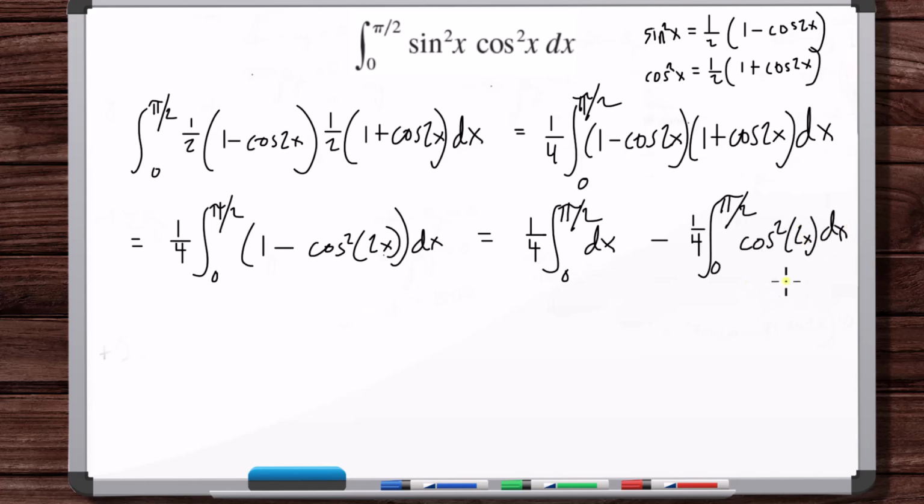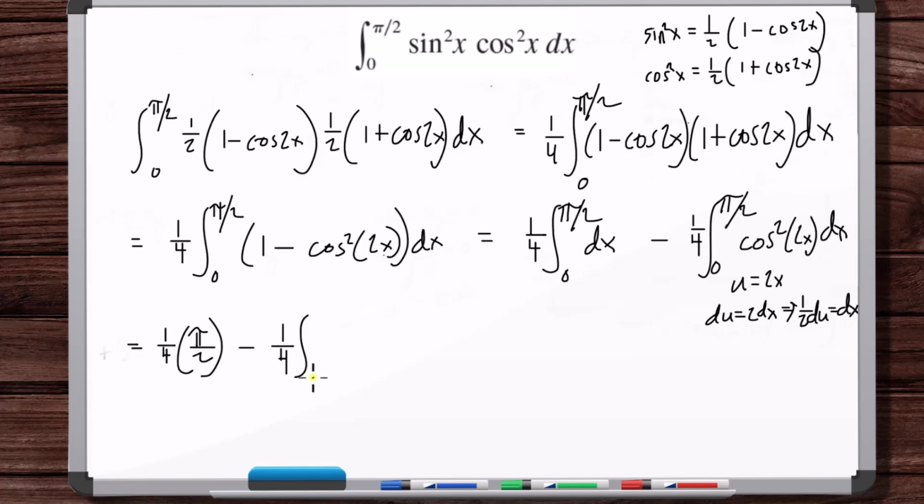Okay, so let's do a u substitution here. u is equal to 2x, du is equal to 2 dx, so 1/2 du is equal to dx. So we've got 1/4 times pi over 2 minus 1/4. When x is equal to 0, u is equal to 0.